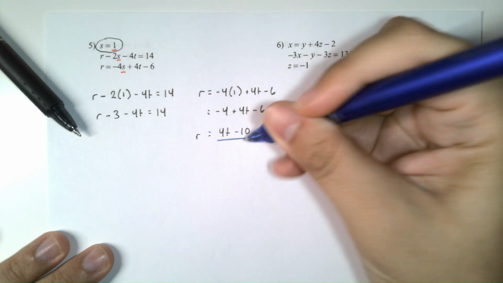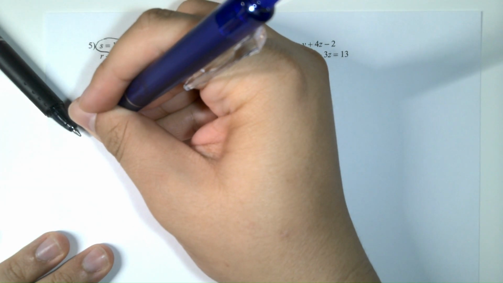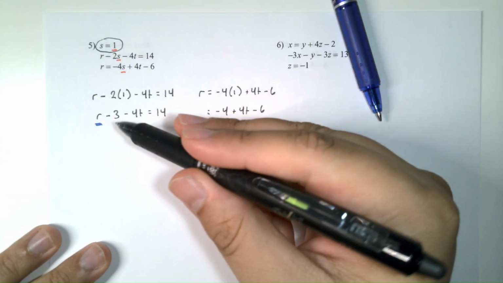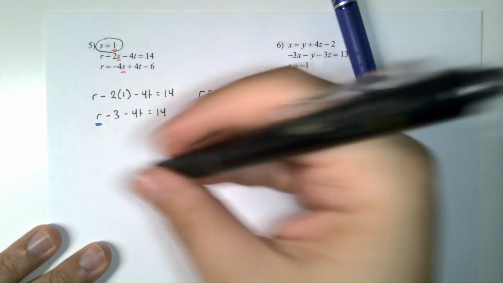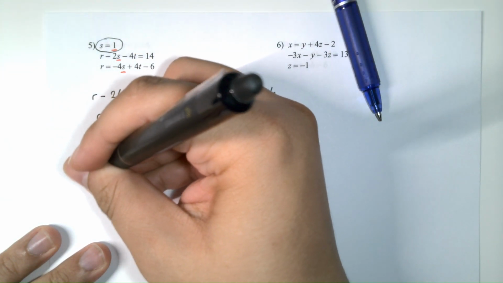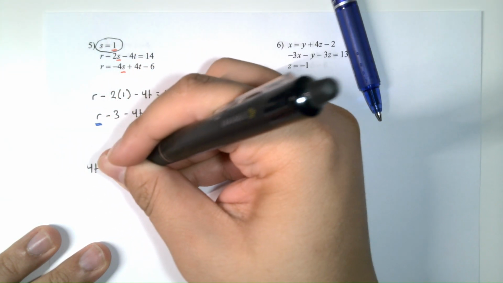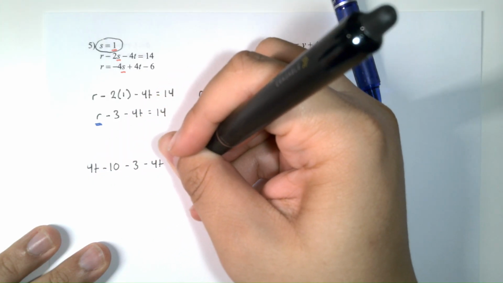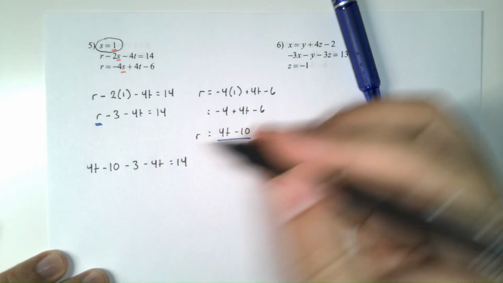So what I can do is take this and input it right there. Now I can swap out r for 4t minus 10. That's going to give us 4t minus 10 minus 3 minus 4t is equal to 14.